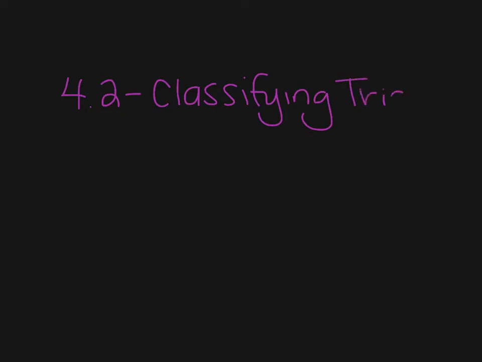And then we got into 4.2, and 4.2 started your triangles. So this was classifying your triangles. So if you remember, there was two different ways to classify them, either by their angles or by their sides.